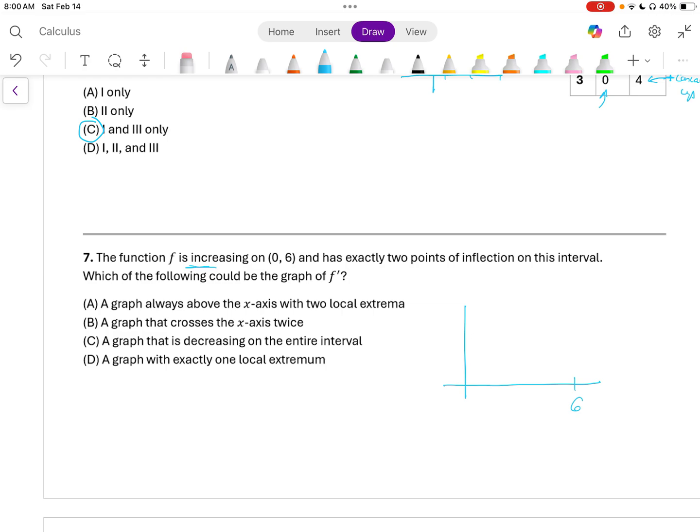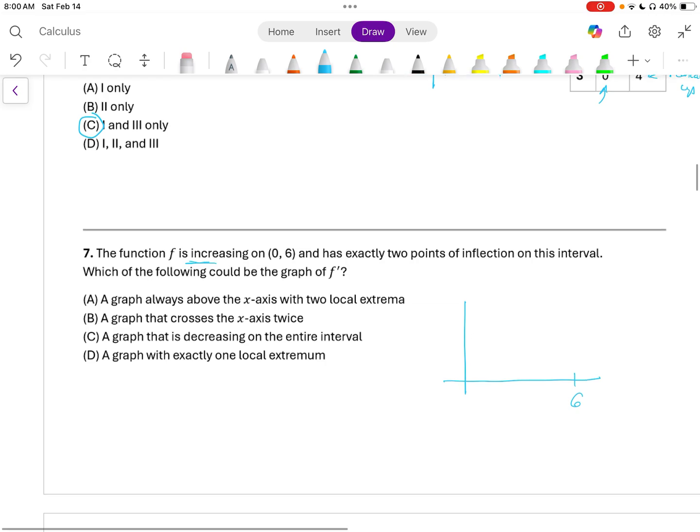We know a few things. It has 2 points of inflection on the interval. So it changes from concave up to concave down, and then concave down to concave up, or vice versa. Which of the following could be the graph? So a graph that's always above the x-axis. So we know that it's increasing.